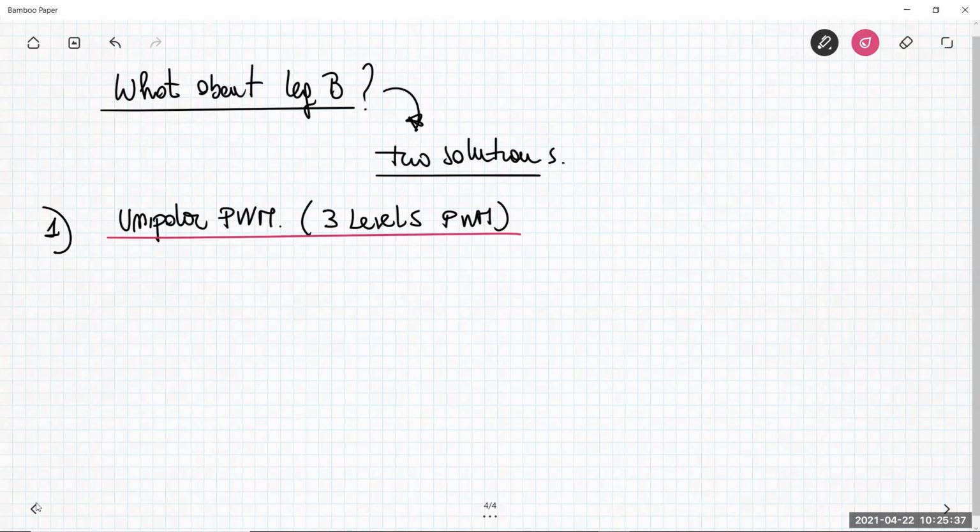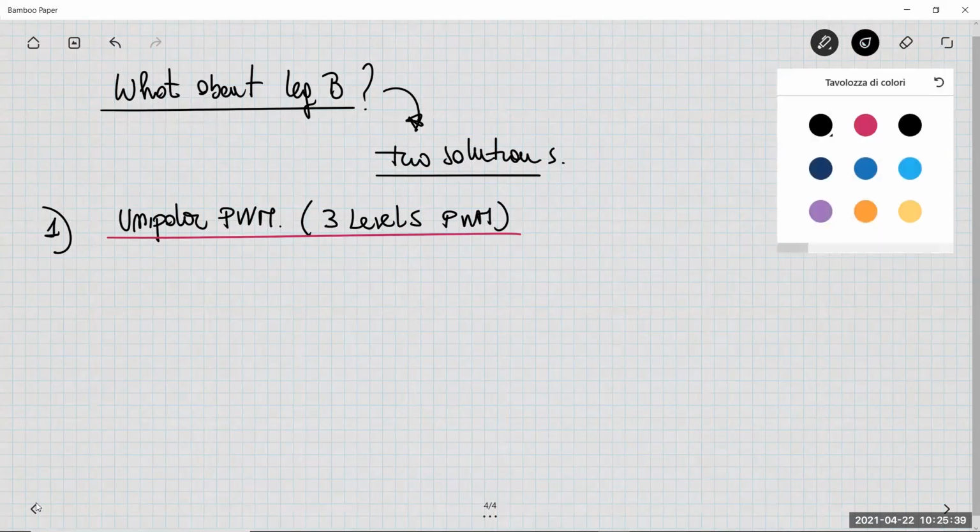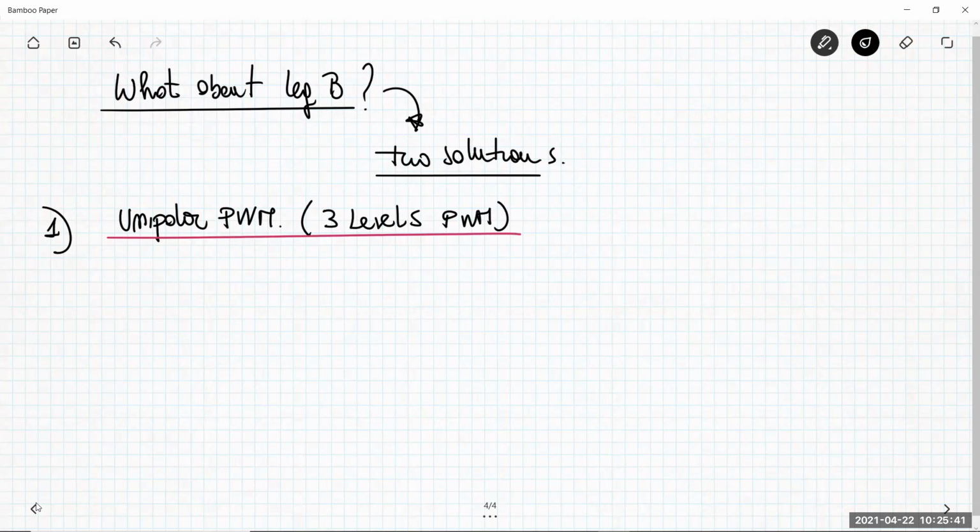Which is a basic characteristic of this unipolar pulse width modulation.